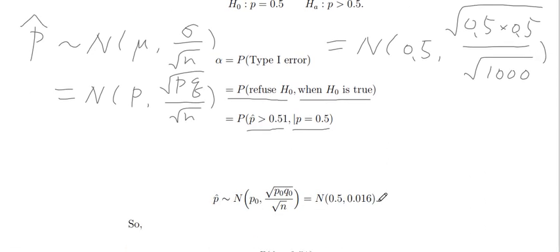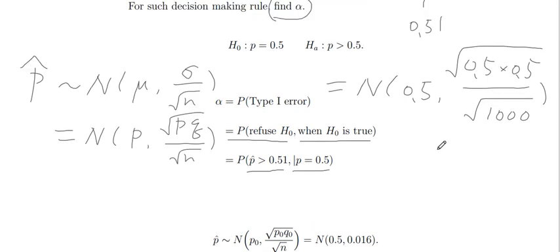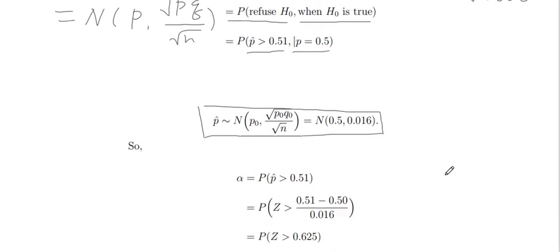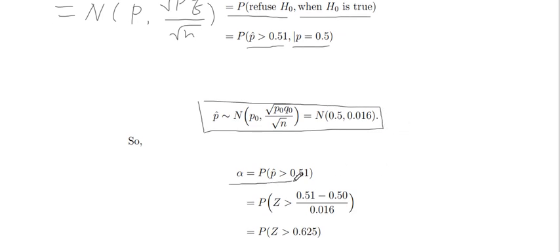So p hat follows this normal distribution, and then we find the probability. This is just a regular problem.